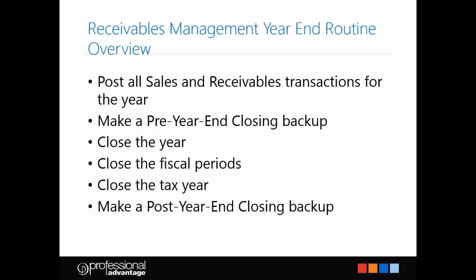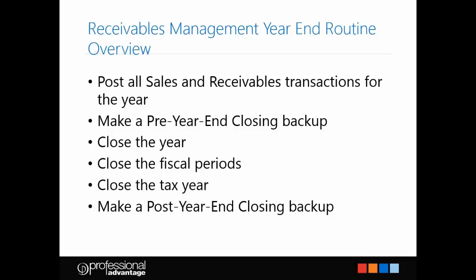Now, the next sub-module year-end we're going to talk about is Receivables Management. Very similar logic here. Before we run the year-end process for Receivables Management, we should make sure all of our sales and receivable transactions for the year we're going to close are posted and backed up.